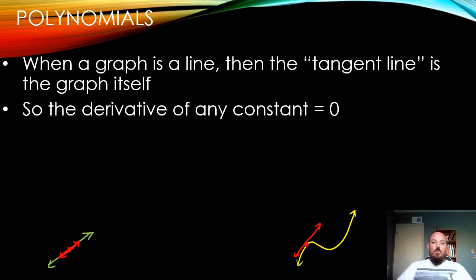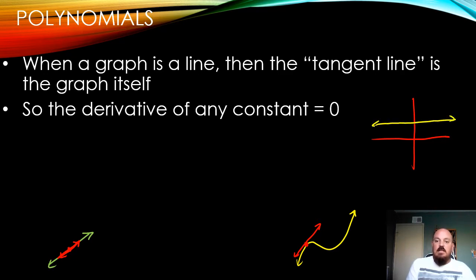So, what that means is the derivative of any constant is always 0. Because the graph of a constant function is a horizontal line. So if I were to go over here to the side and say, I'm going to graph the line y equals 2. Well, the graph y equals 2 is a horizontal line at 2.